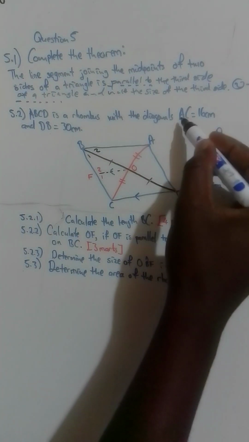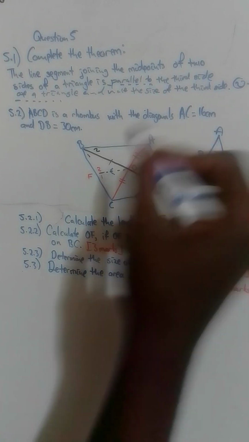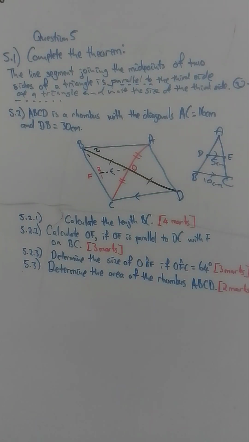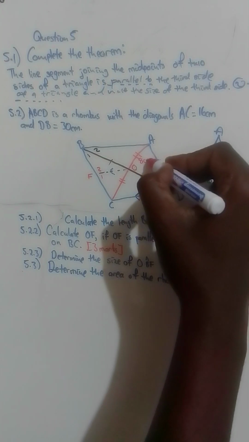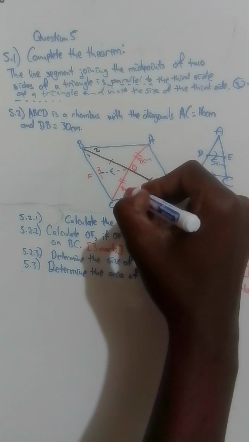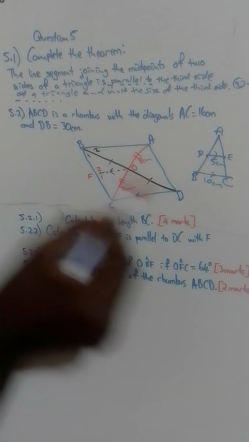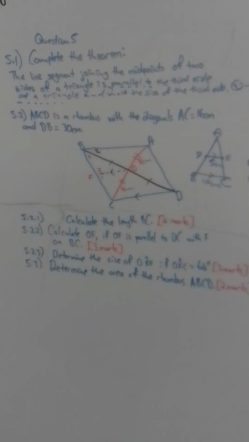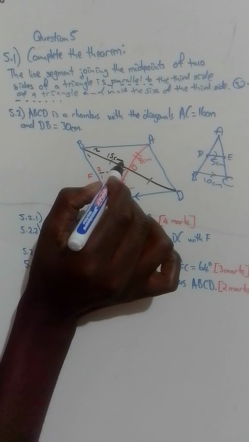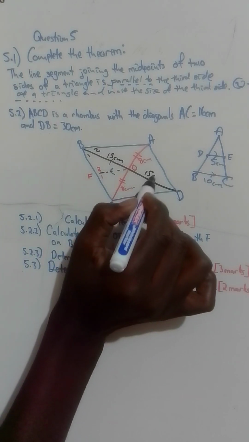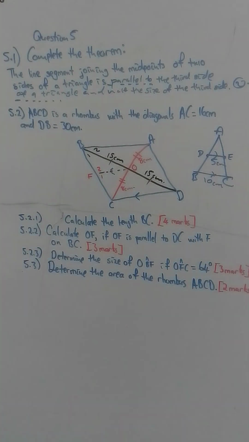So when AC is 16 centimeters, from point A to point O we've got 8 centimeters, and then there is 8 centimeters. And when DB is 30, here we have 15 centimeters, and then there is 15 centimeters. That's what we've been told.